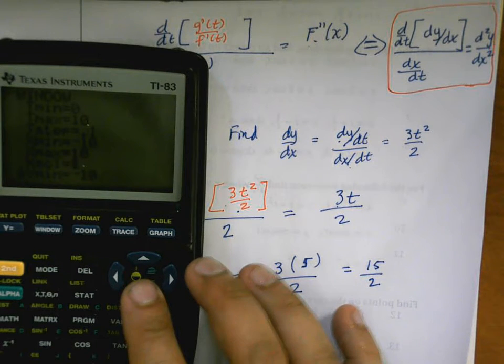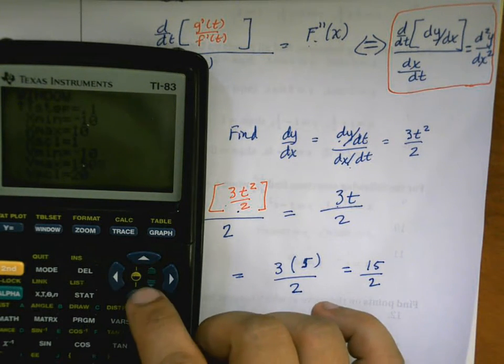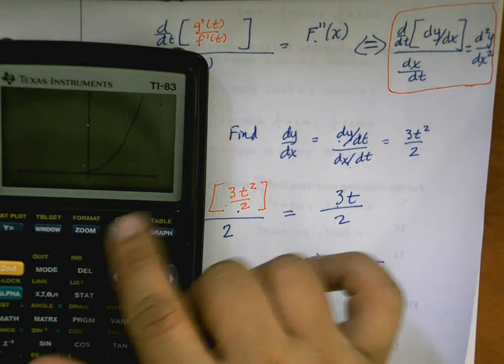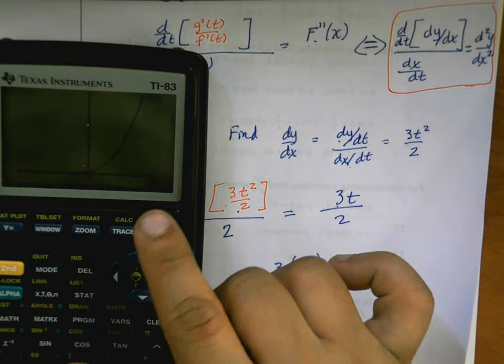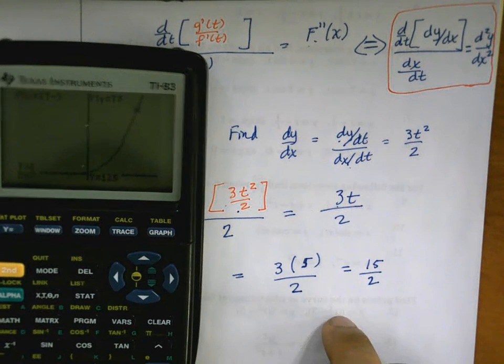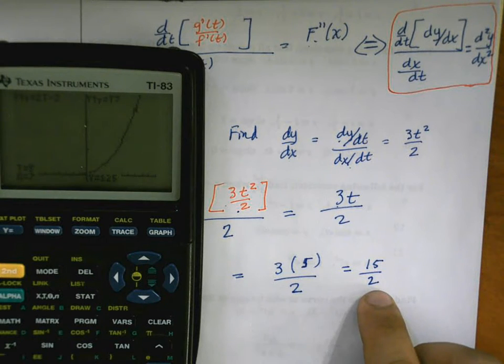I'm going to have to make my window a little bit bigger here so we can see all of it. Okay, that looks a little bit better. So trace, when t is equal to 5, we're at that point. This is basically saying that the slope at that point is changing at a rate of 7.5.